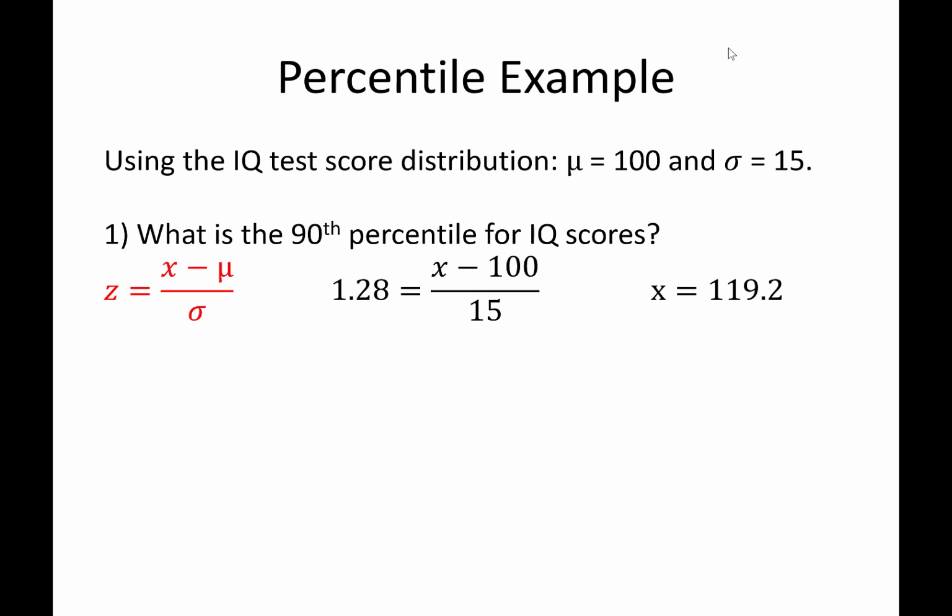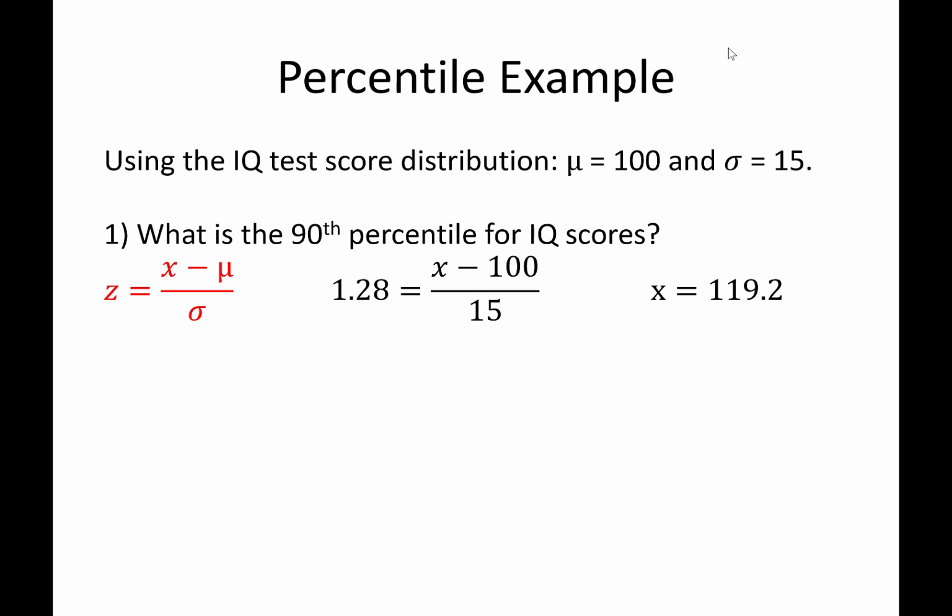So we turn that percentile that we're interested in into a z-score. Then what we'll do is turn the z-score into the x value that we're interested in. We know the mean, we know the standard deviation, we found the z-score. The only remaining unknown value is x. And so if we were to reverse solve for x, we would find that x equals 119.2.